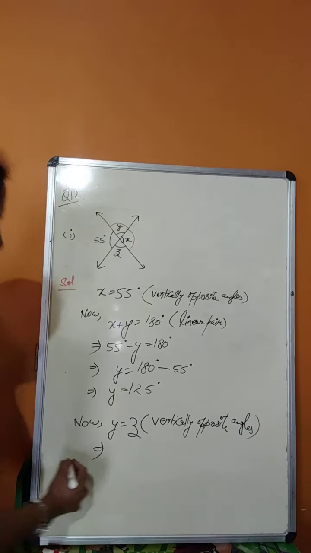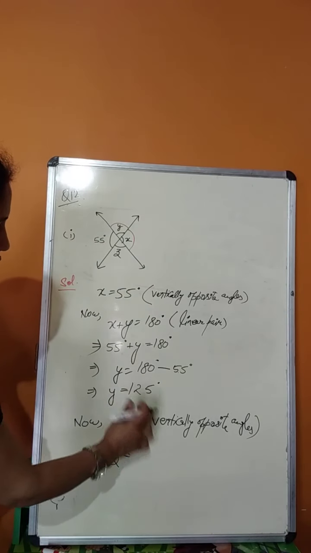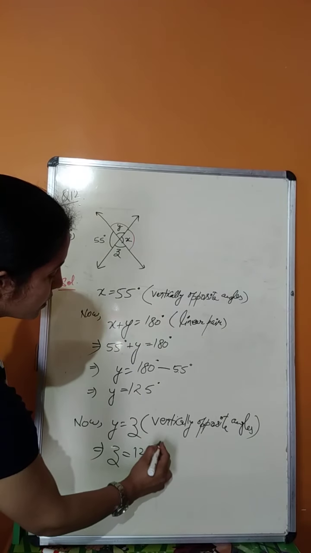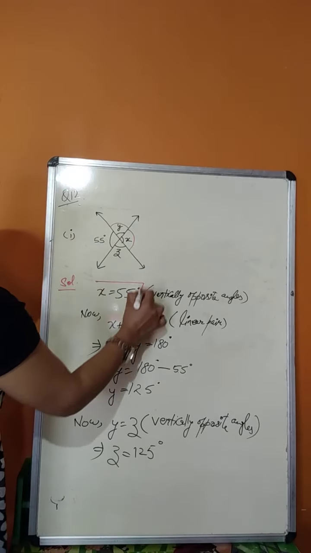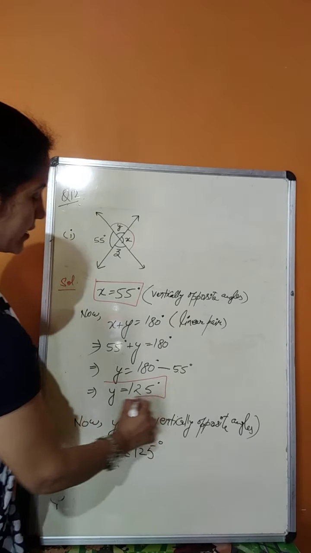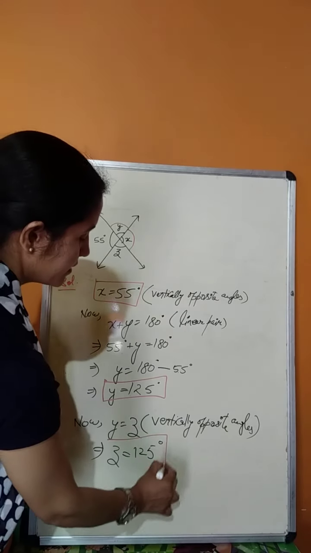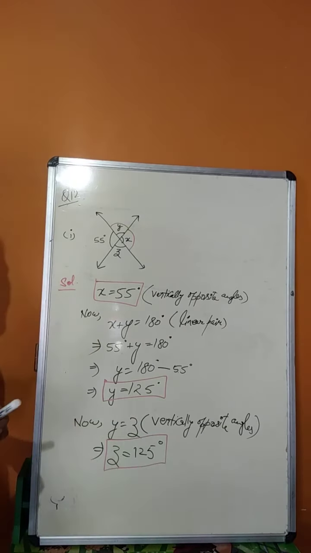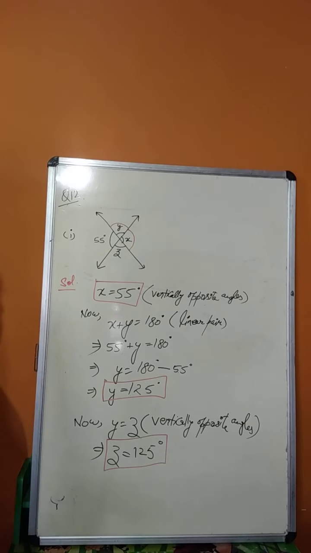So z is equal to y, which is 125, so z is also 125 degrees. So the value of x is 55 degrees, the value of y is 125 degrees, and the value of z is 125 degrees. I hope the sum is clear to everyone.